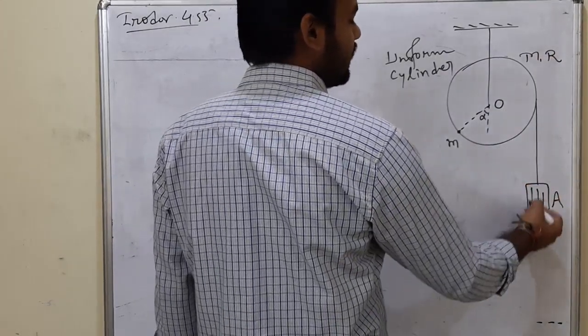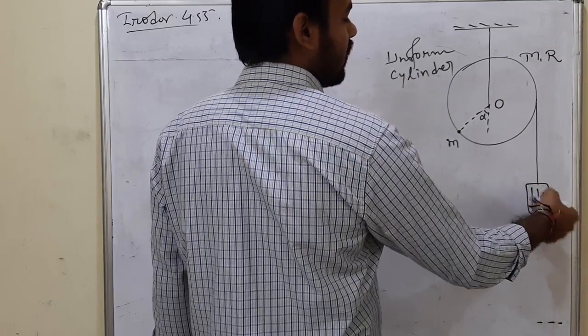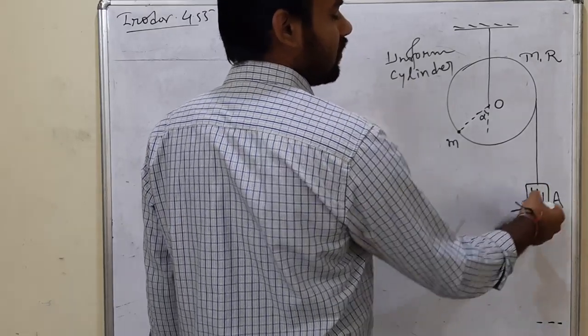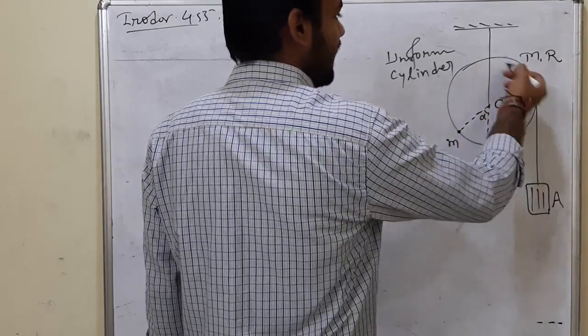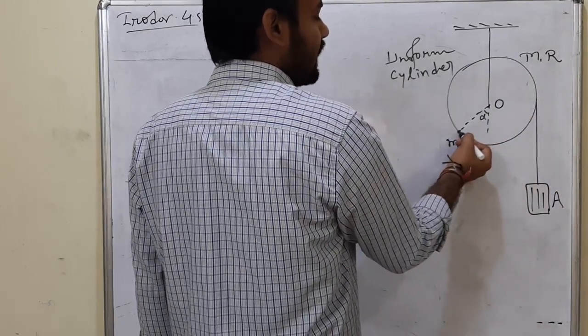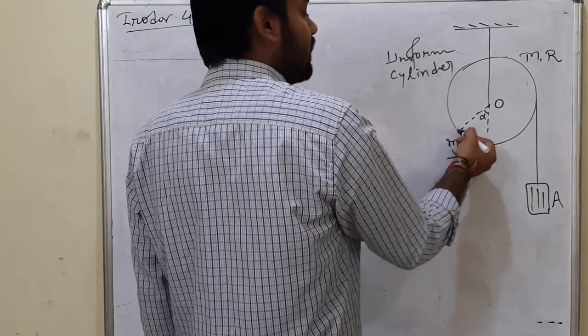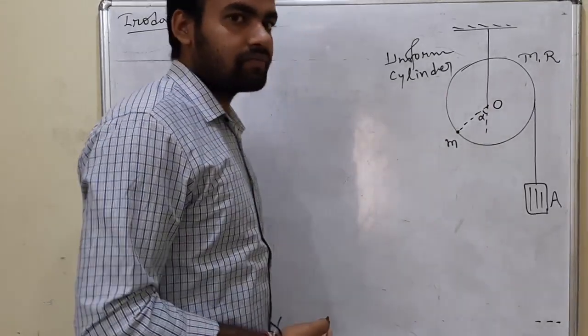One end of the string is connected to this weight. The mass value of the weight is not given in the question, and the other end of the same string is connected to this point mass m, which is fixed on the rim of the cylinder.